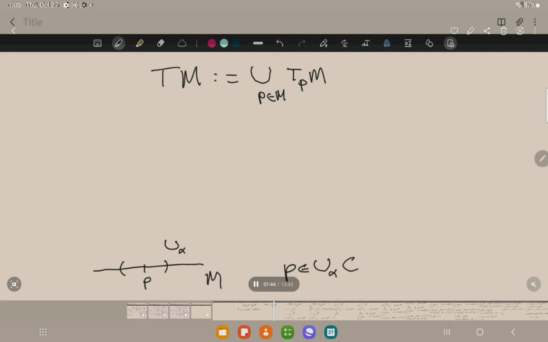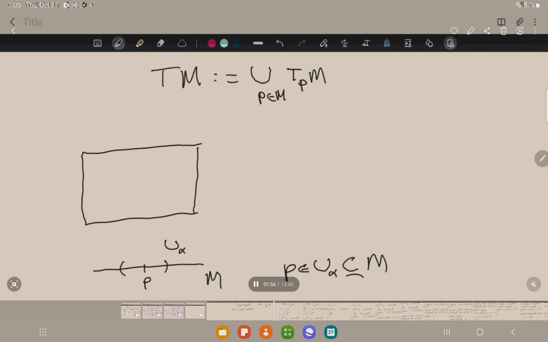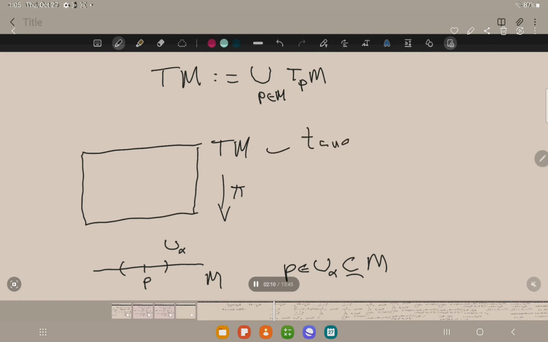U alpha is some open set containing P, where U alpha is a subset of M. And here is the larger space, which is the tangent bundle, with the projection map, a surjective map, going from the higher space into M.